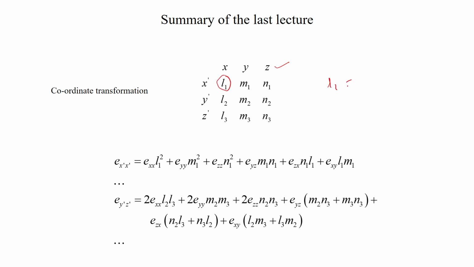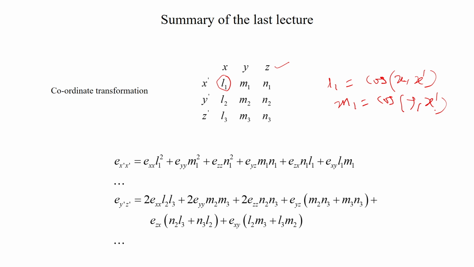So L1 is equal to the direction cosine, cos of (x dash, x), and like that M1 will be defined as cos of (y, x dash).